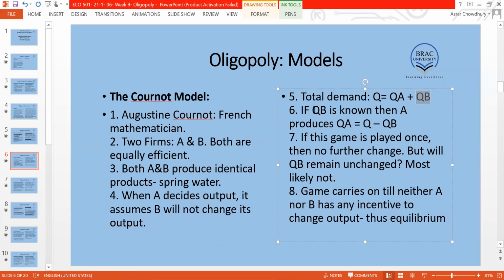If I know how much QB is going to produce, that means QB is not changing its output. So if total demand is QA plus QB equals capital Q, and I know how much QB is, QA will supply the remainder of the total output, right?